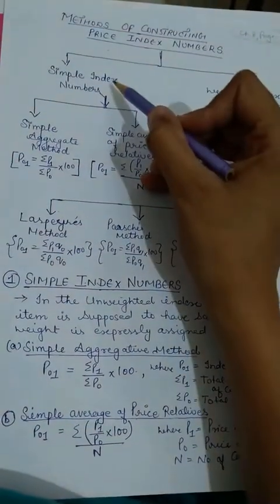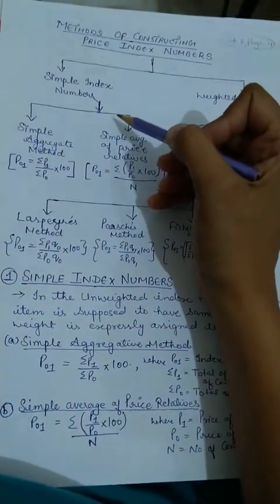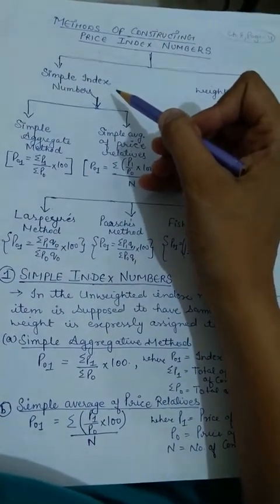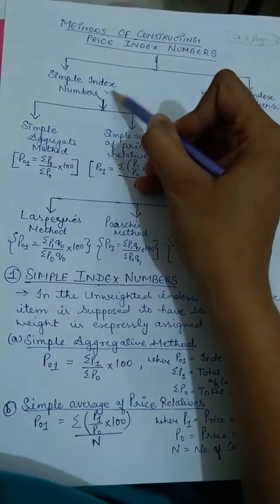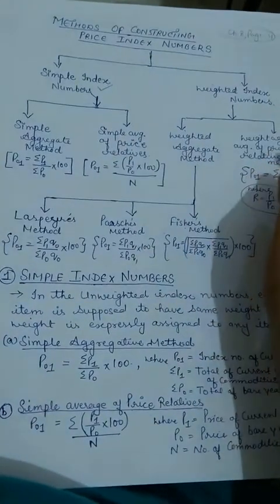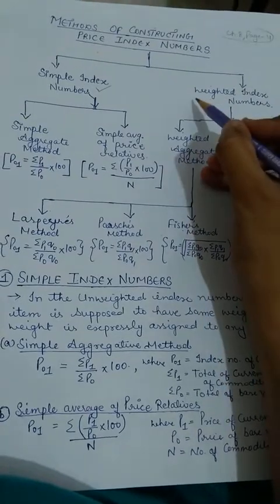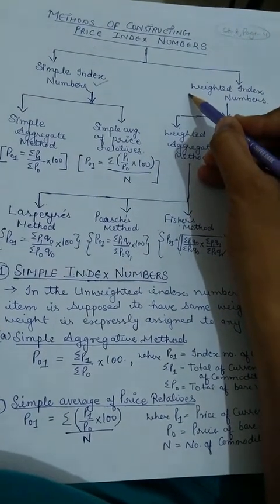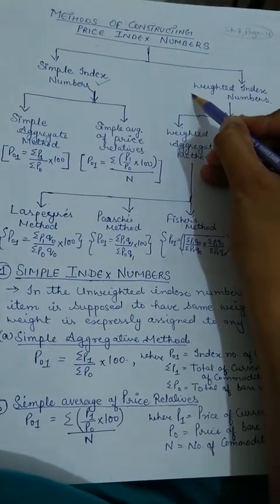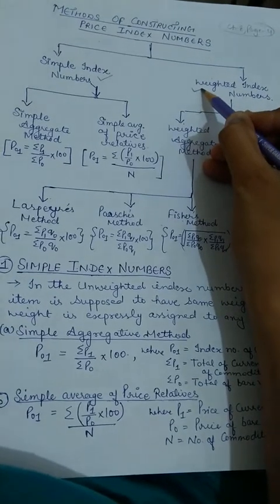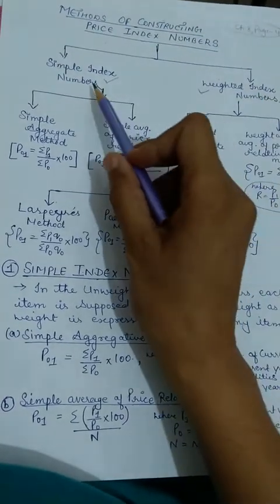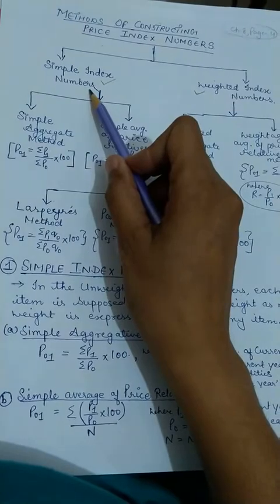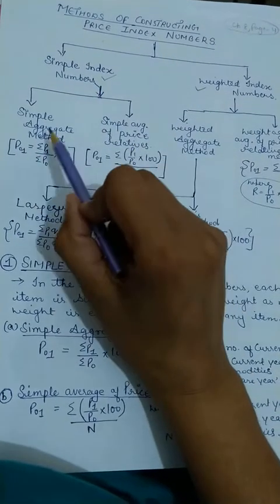Basically, बच्चे, we have two types of index number, that is number one, simple index number. Then we have the second index number which is called weighted index number. This simple index number is further divided into two parts.